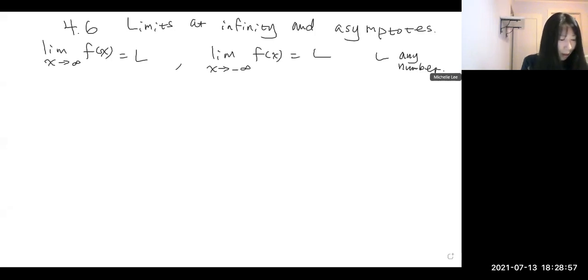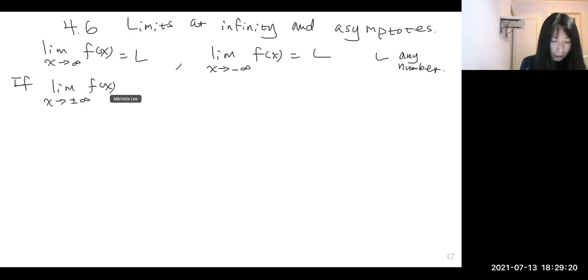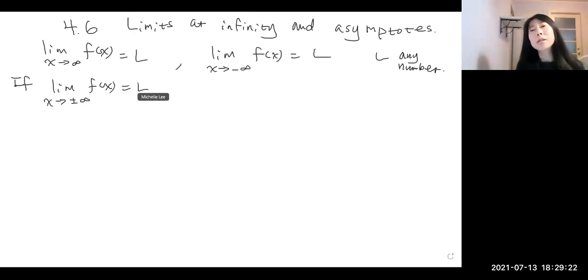All right, let me denote the plus-minus sign in front, so we don't have to rewrite again. x approaches plus or minus infinity, and we say that goes to L, meaning some number, right?